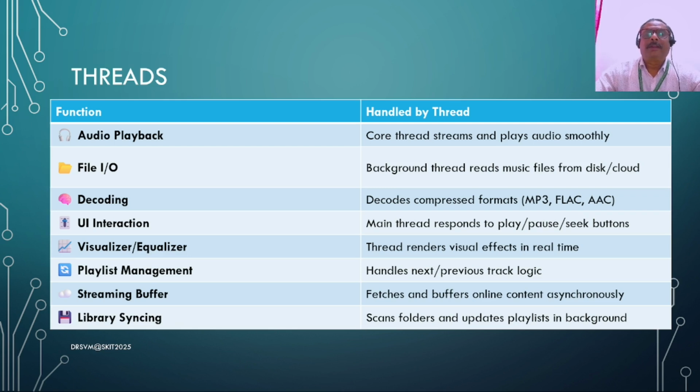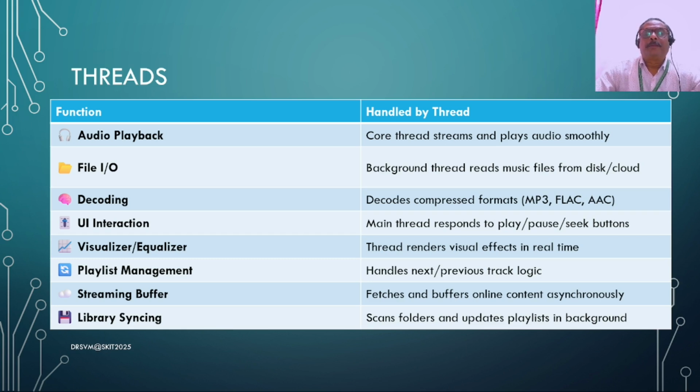So there are multiple threads, and each thread knows what to do, when to do, how to do, and all that. When all the threads work in sync, then the whole process will work in the proper way. So that's about what a thread is.